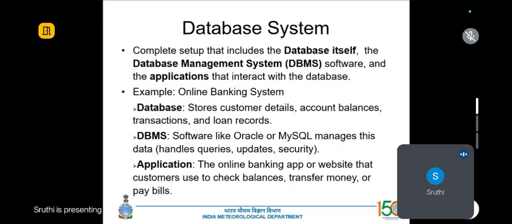The database system includes the database itself, the management system, which is software, and the applications used to interact with the database. We discussed the online banking system example, which has customer details, account balance and transactions as a database, software like Oracle to manage the database, and an application like a mobile application or website to access the database through the software.